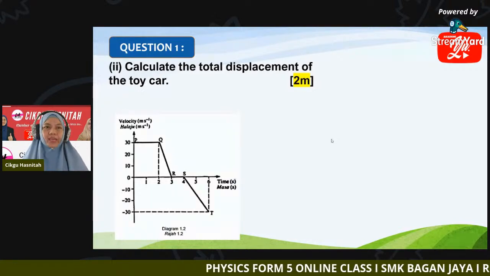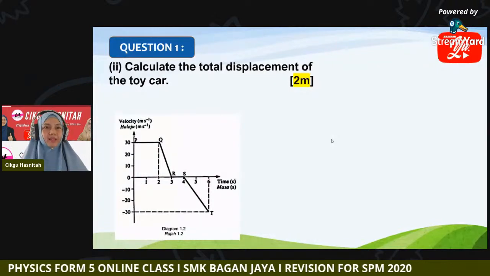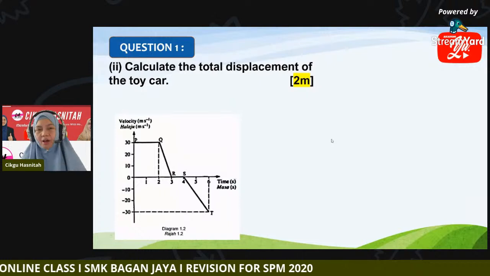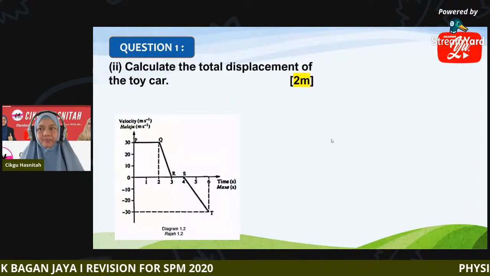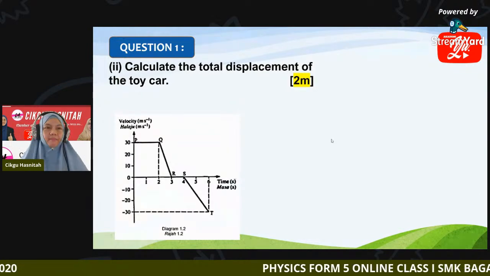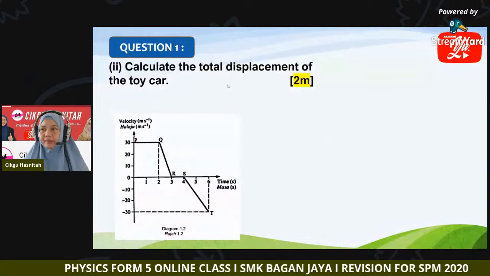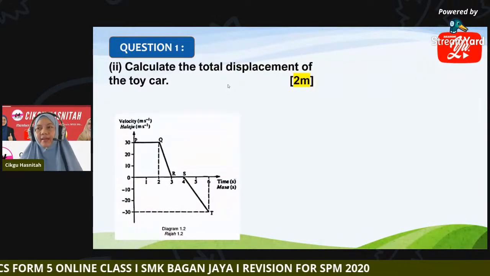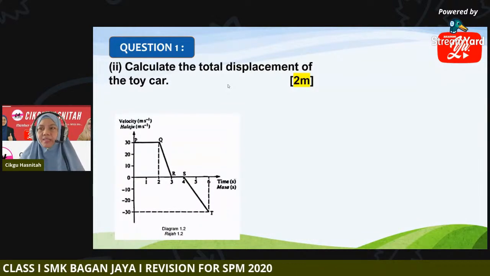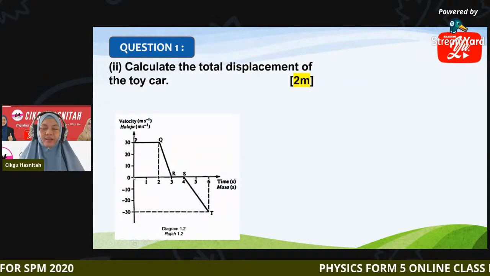When you are given a velocity time graph, how can we determine the displacement of the object? We can find displacement by calculating the area under the graph, from 0 second up to 6 second. Wei Liang says 45 meter.